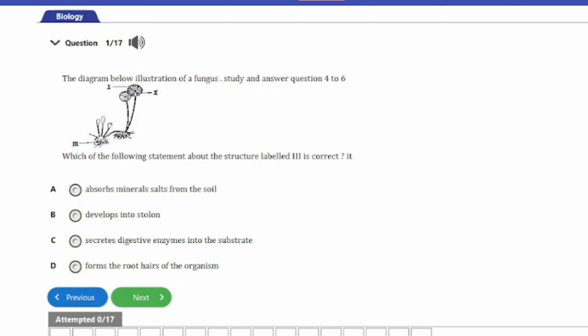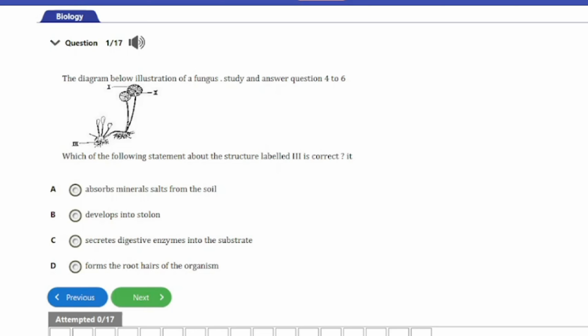C. Secretes digestive enzymes into the substrate. D. Forms the root hairs of the organism. The structure labeled III is actually the rhizome of this fungus, and as such it secretes digestive enzymes into the substrate. And that's it for this question.